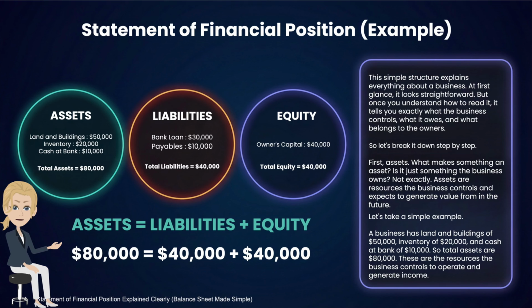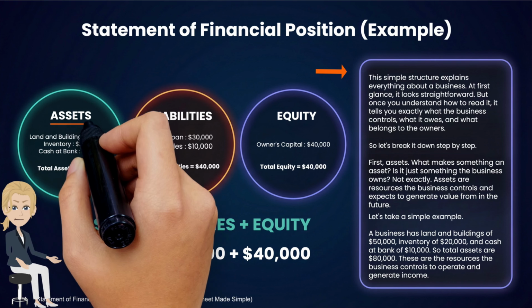Now, let's look at this. This simple structure explains everything about a business. At first glance, it looks straightforward. But once you understand how to read it, it tells you exactly what the business controls, what it owes, and what belongs to the owners. So let's break it down step by step.